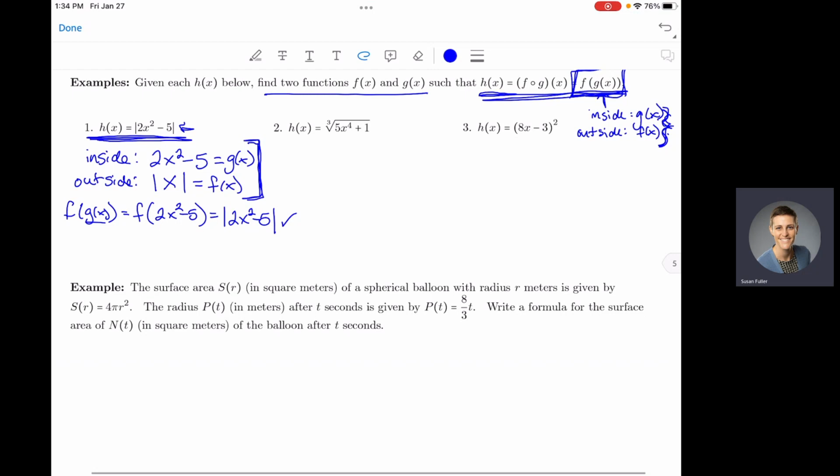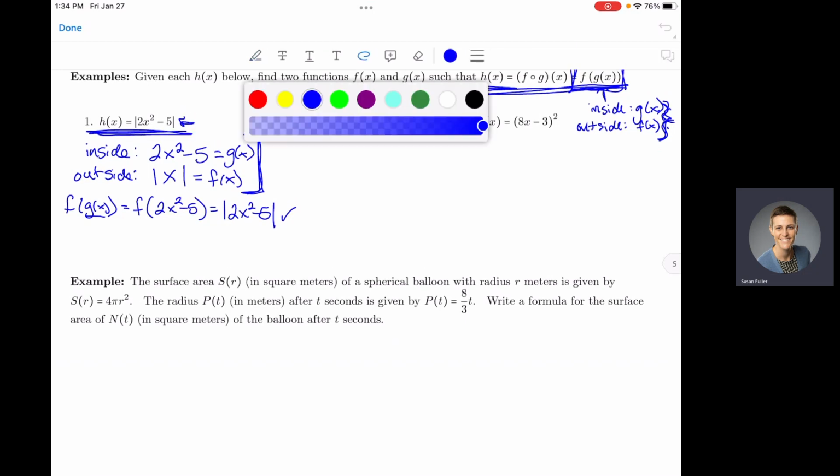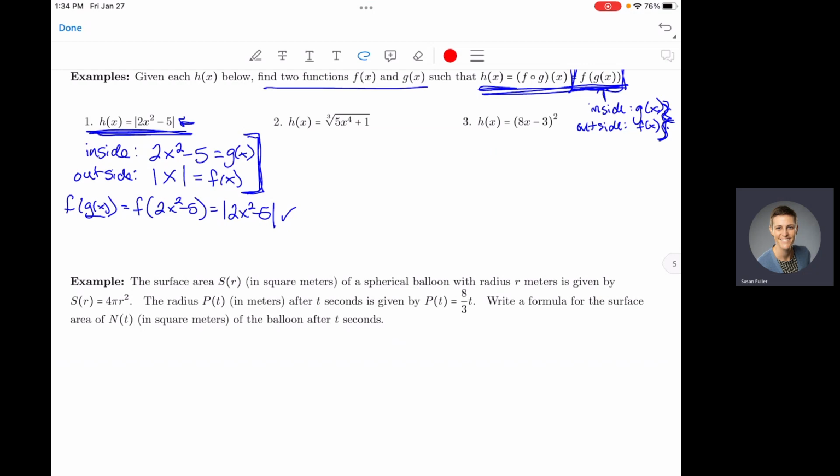Now, something interesting about this is that there's not a single unique answer to this. There are alternative options here. For example, what if I had said, well, I think I see my inside function as being 2x squared.